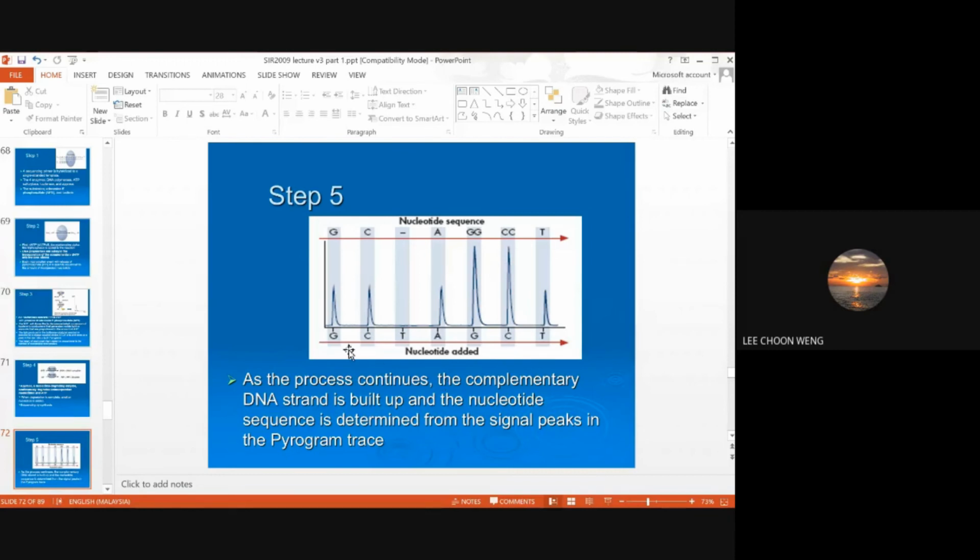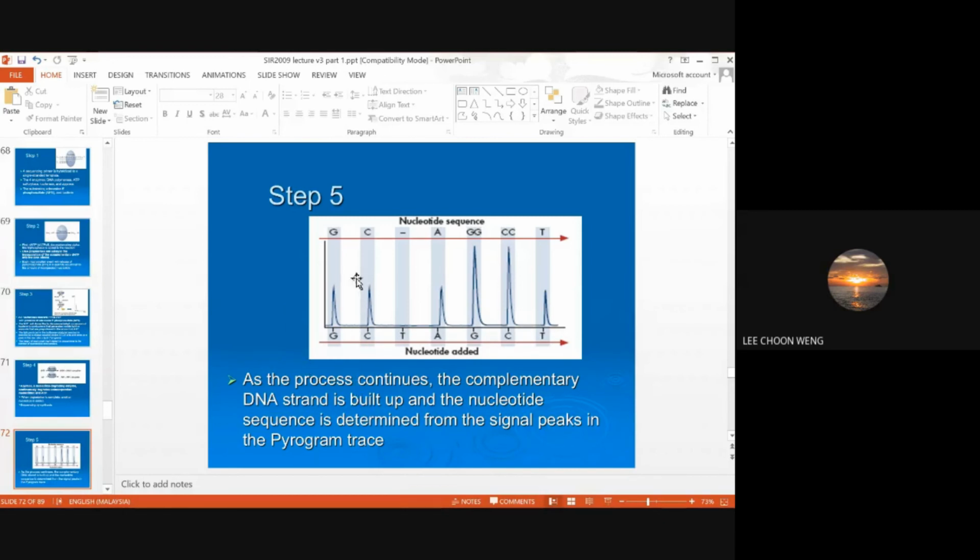So this is where the weakness of pyro sequencing also occurs, because it uses a lot of enzymes, it uses a lot of substrates.